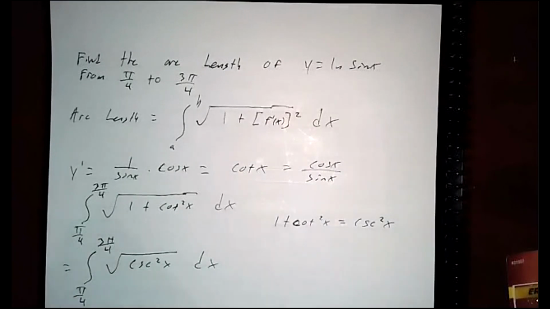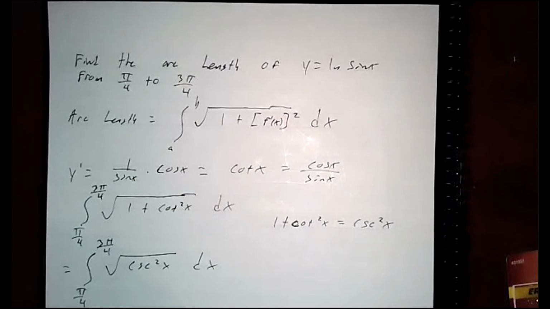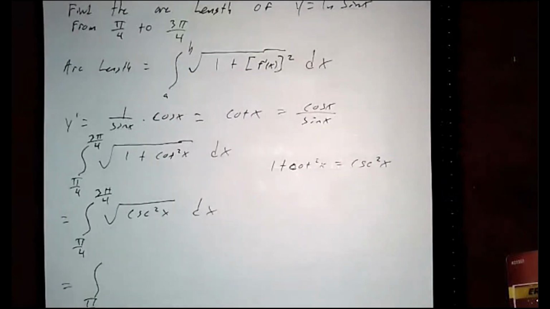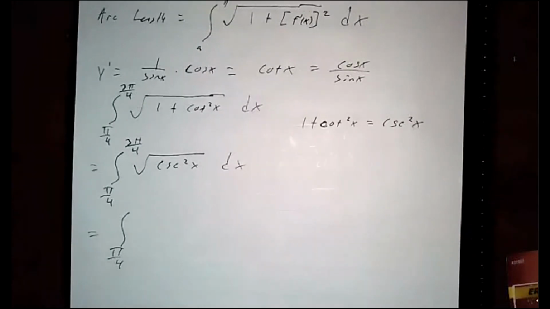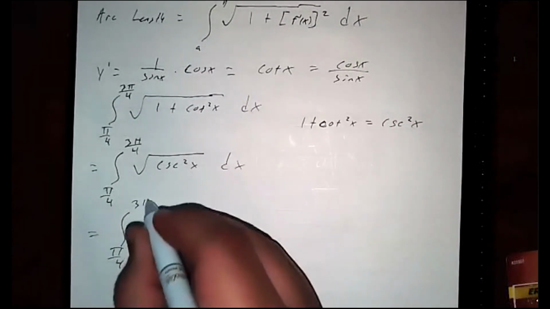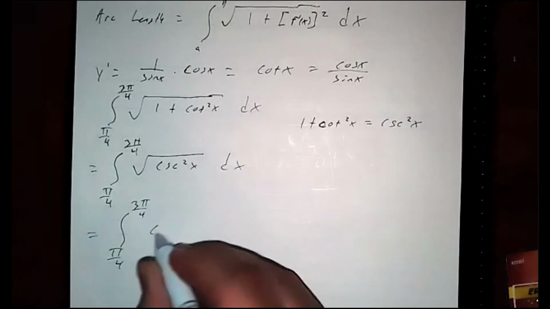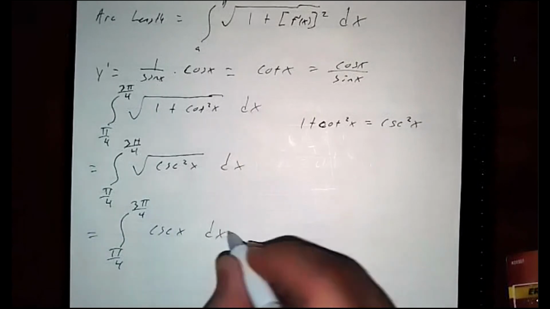So now that's gone, right? That would be cosecant x dx.